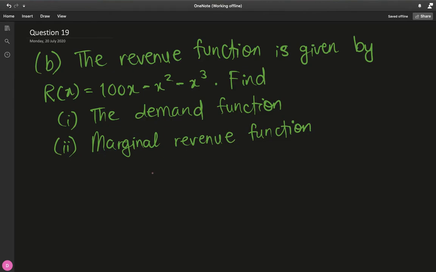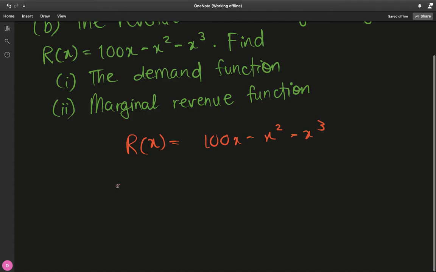Moving on to question 19, subpart B, which says the revenue function is given by R of x is equal to 100x minus x squared minus x cubed. Find part 1, the demand function, and part 2, the marginal revenue function. What we know is the revenue function is 100x minus x squared minus x cubed, and we need to find the demand function small p.